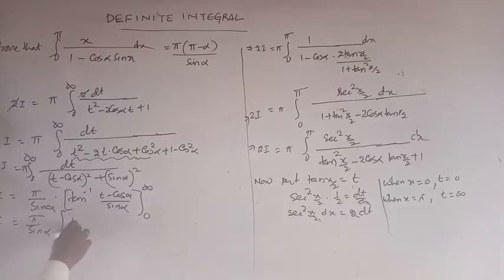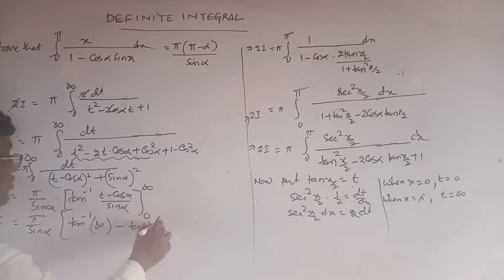So this is tan inverse infinity minus tan inverse of minus cot alpha.